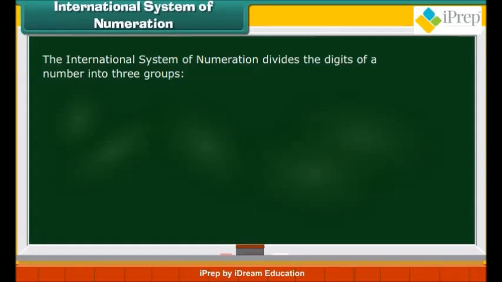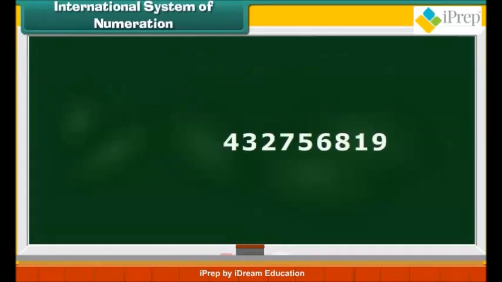International System of Numeration. The International System of Numeration divides the digits of a number into 3 groups: ones, thousands and millions. Let us see how. Consider the number 432756819. We count 3 digits from the right and place a comma before 8.